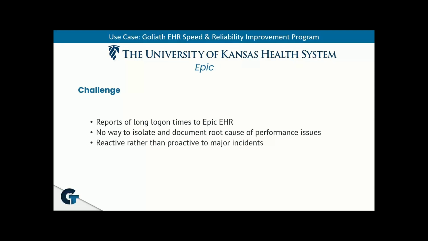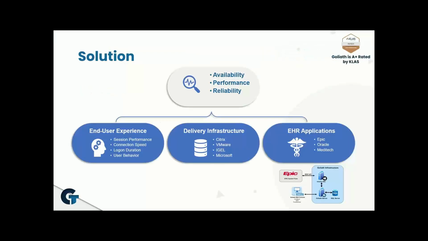This wasn't one where they had to frame up how many people were having a problem. They knew through the use of feedback tools that they were having problems. But there was no way to isolate the root cause of the performance issues. And so they had no choice, because they didn't have the right data, but to be reactive rather than proactive, right? Which is not a great place to be.